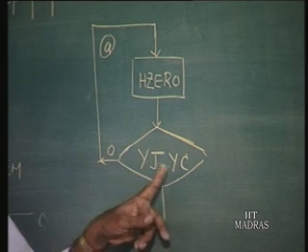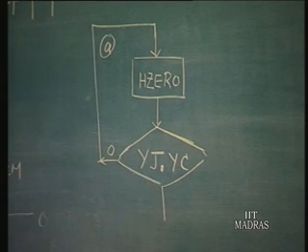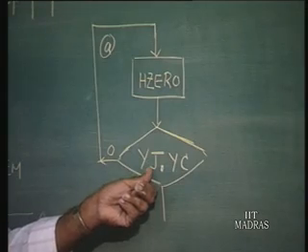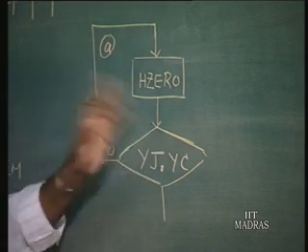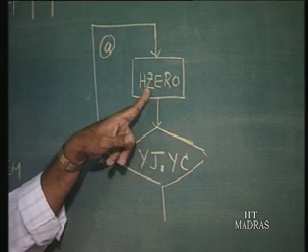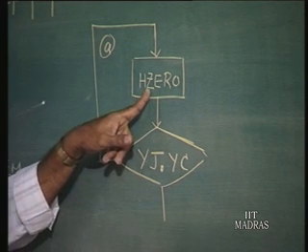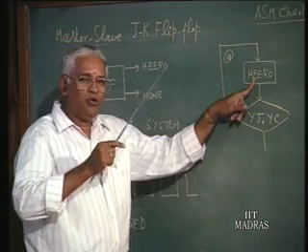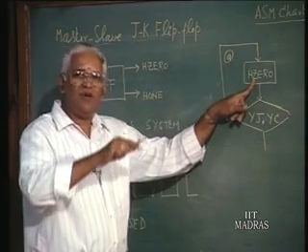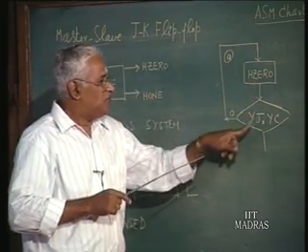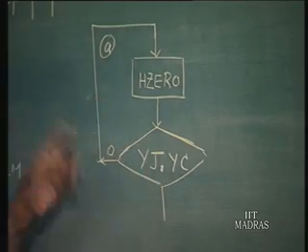So, as long as the clock is at 0 level, or as long as Yj is 0, or both being 0, this is the condition. So, for the present state A, in which I have arbitrarily assumed the output generated is H0, which is equivalent to my assuming the present state of the flip-flop being 0, right, as per the chart, as long as Yj is 0, fine, it will remain.